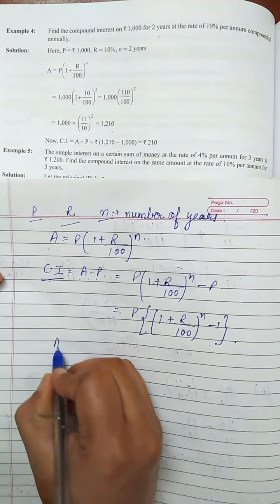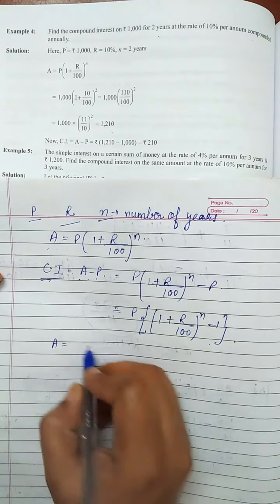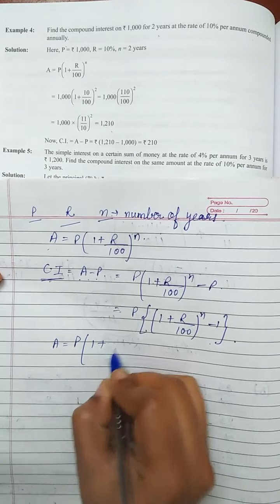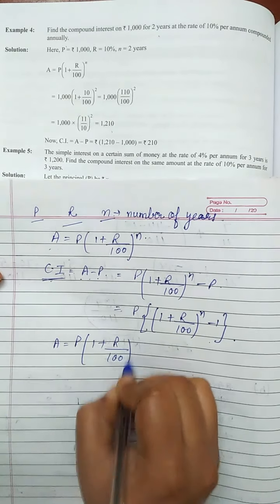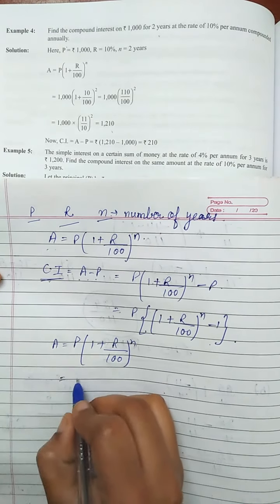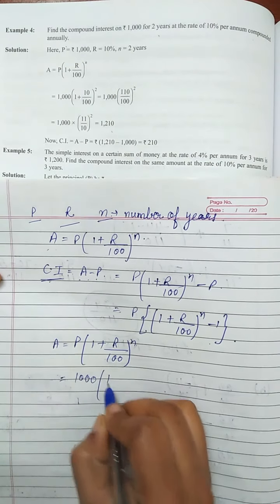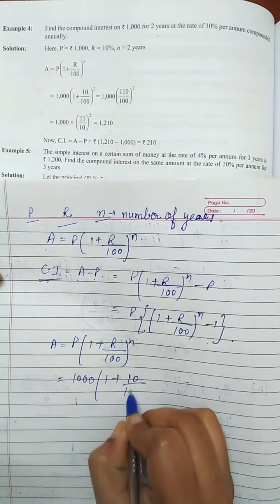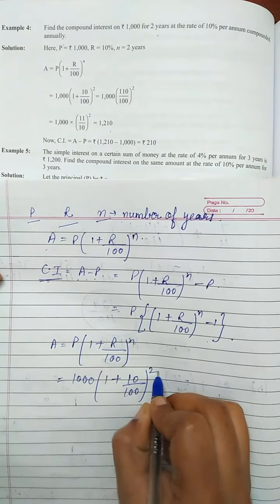First of all we find amount. As you see, the formula of amount is principal times 1 plus rate upon 100 raised to power n. So principal is 1000, 1 plus rate is 10 upon 100, and n is 2 years.